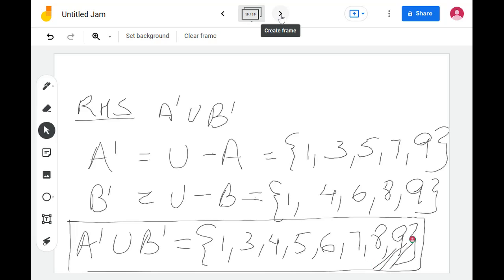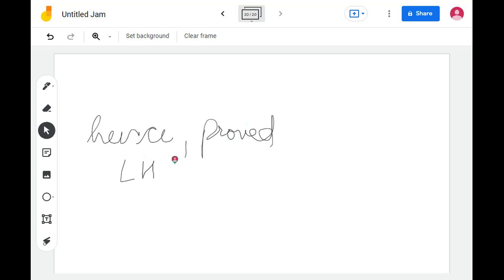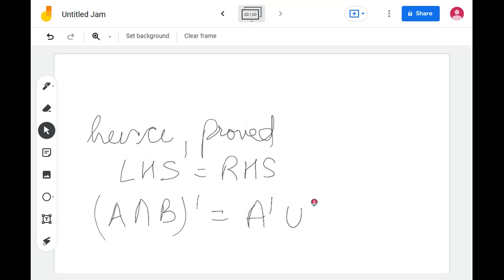So we can clearly conclude, hence proved, LHS is equal to RHS, meaning A intersection of B complement is equal to A complement union of B complement. So this is our answer.